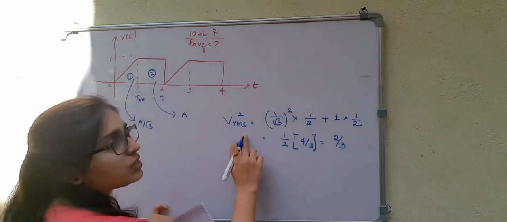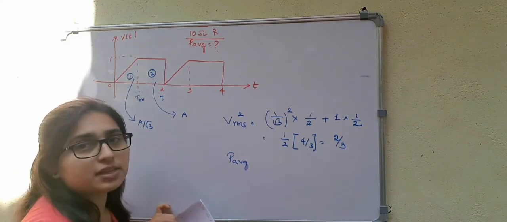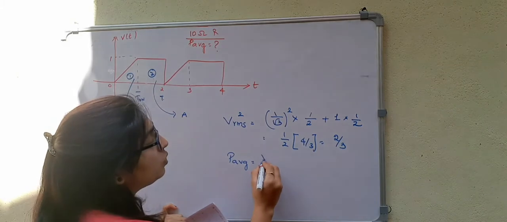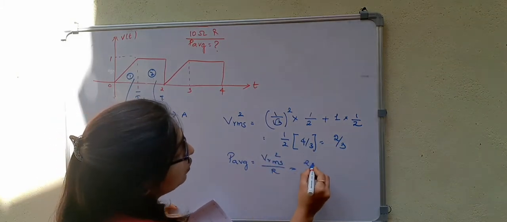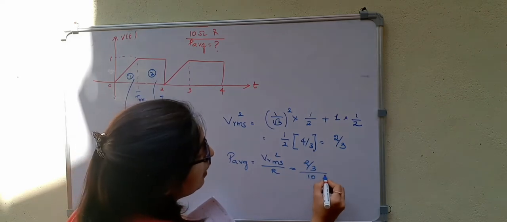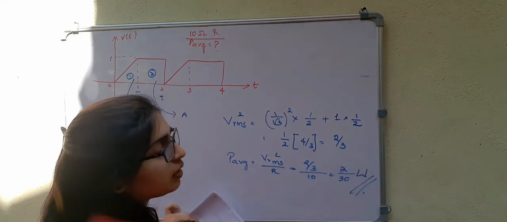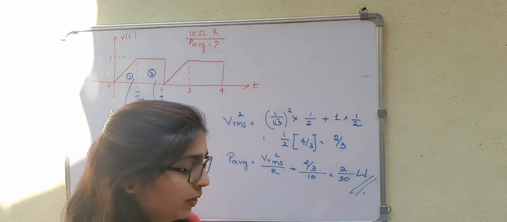That is V square RMS. Now we have to find the average power dissipated in the 10 ohm resistor, which is V square RMS divided by R, that is 2 by 3 divided by 10, that is 2 by 30 watts. So this is the average power dissipated in the 10 ohm resistor.